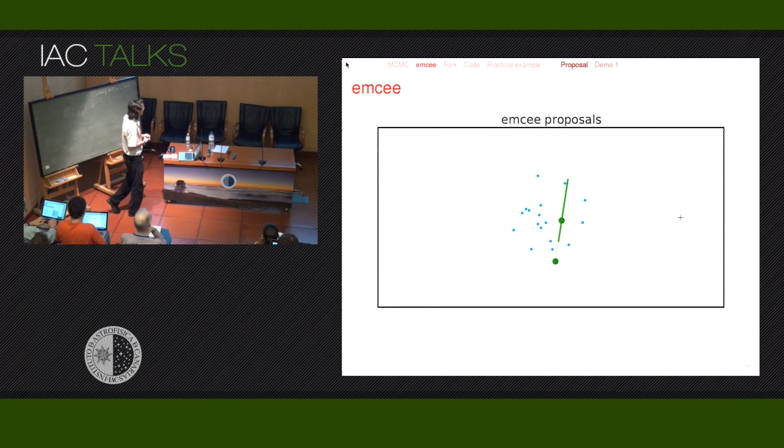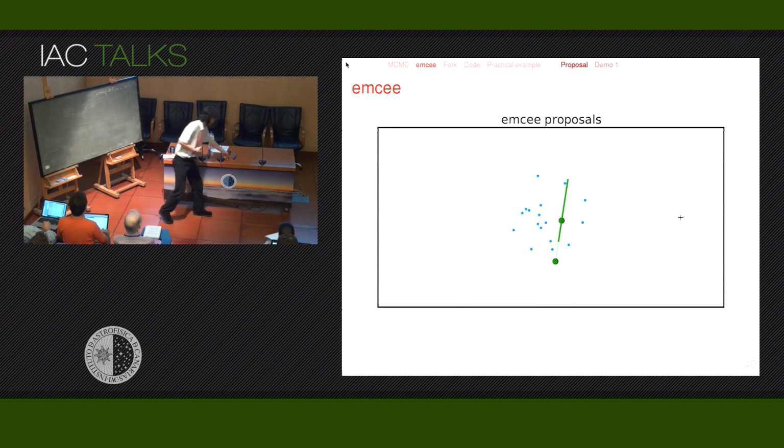And so now this is a zoom in of that same elliptical parameter space. And now instead of having a single dot that we're going to move around, there's this scattering of blue dots. And here I'm showing, let's see, oh no, he's using the laser. So for this one, I'm moving this particle, or this walker.